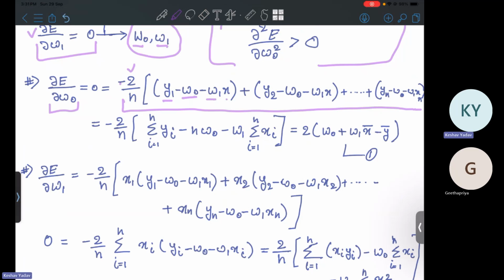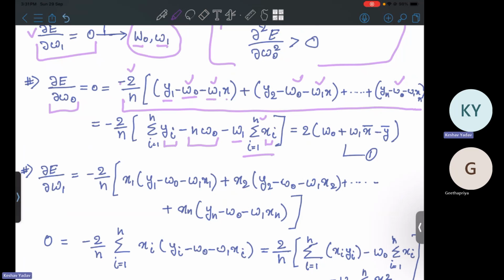Okay, so this can be written in terms of summation. So -2 by n, summation of i goes from 1 to n, yi minus this term, this is present n times, so it will be equal to n multiplied by w0, and w1 will be common from each. So minus w1, summation of i equal to 1 to n xi. So that will be equal to what?